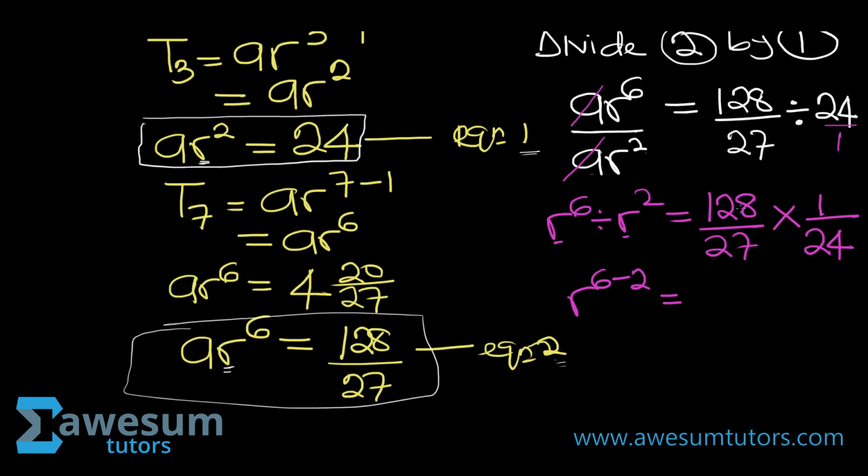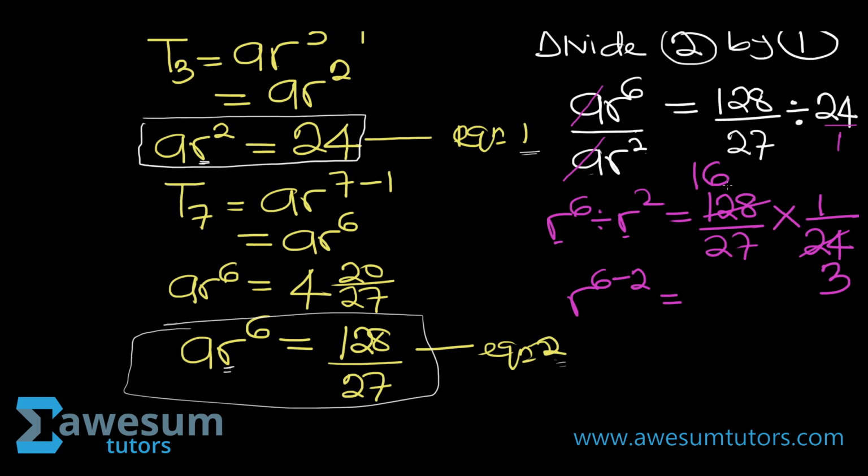Then if I want to simplify this, 8 can go into 24, and that gives me 3. Now 8 can divide 128, and that gives me 16.